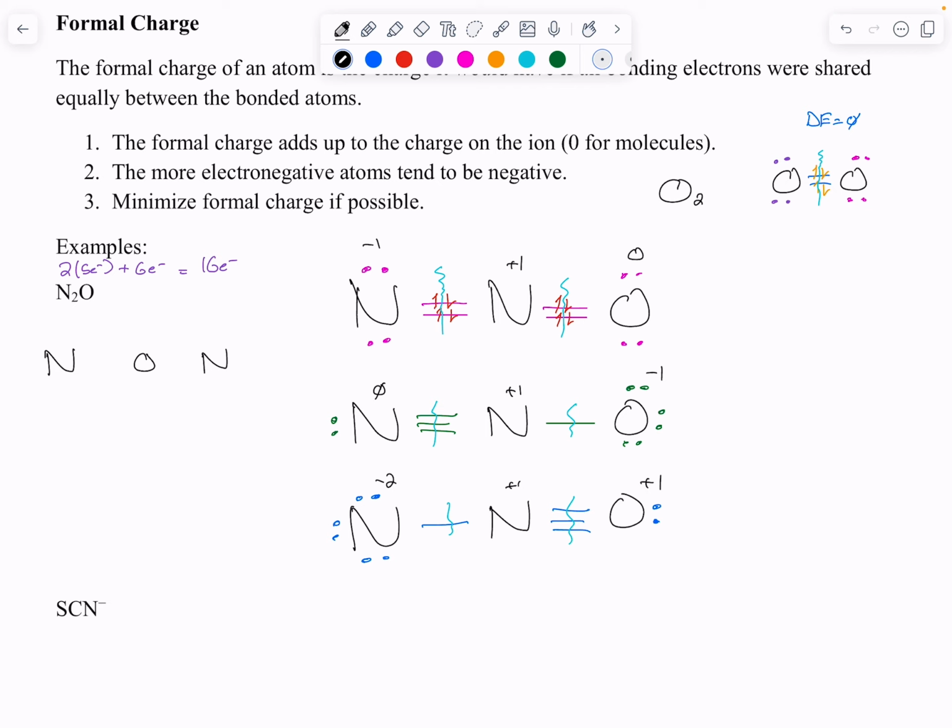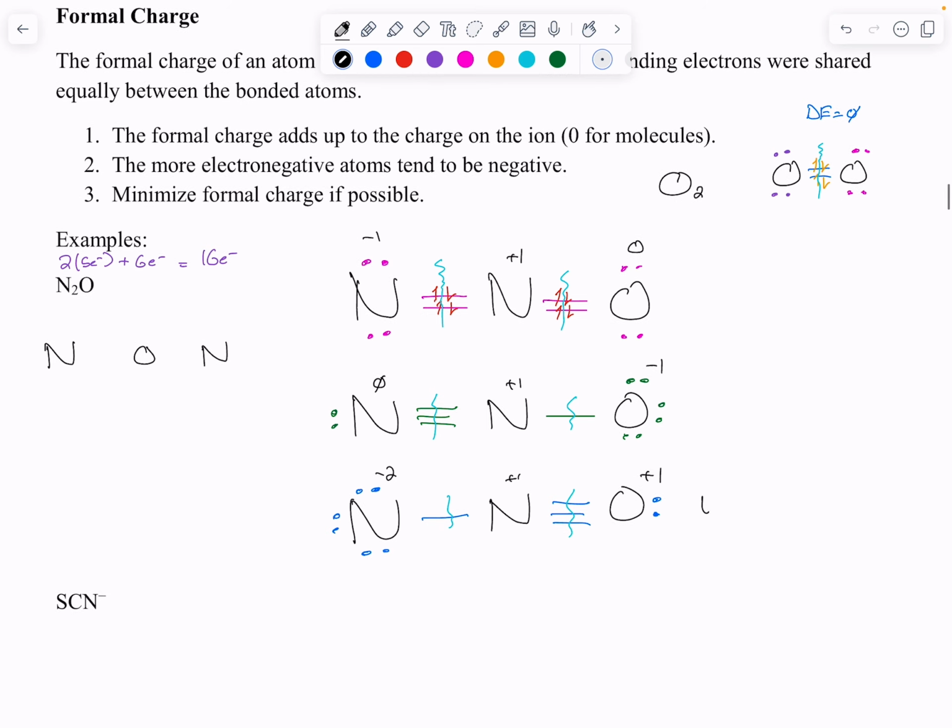We want to minimize formal charge if possible. Which one does that take off? This one's probably the worst. Right? Why? Because all 3 atoms have a formal charge. Whereas here I have a 0 and here I have a 0.